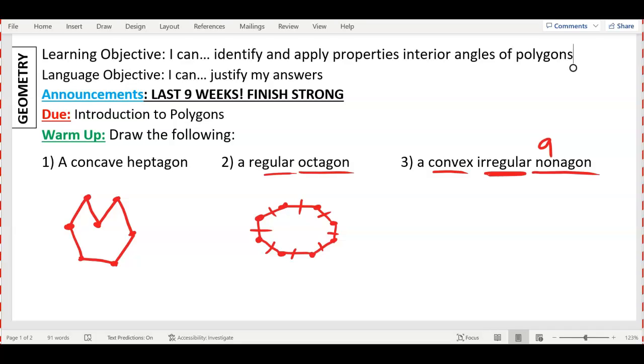Okay. So 1, 2, 3, 4, 5, 6, 7, 8, 9. As long as you have 9 vertices and it's not perfect, then you have a convex irregular nonagon.